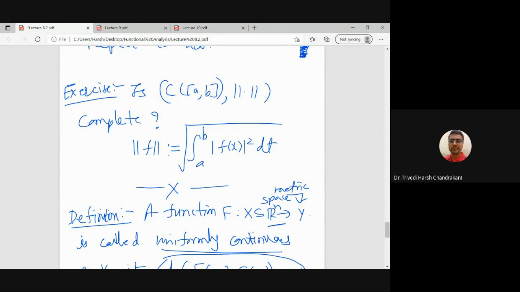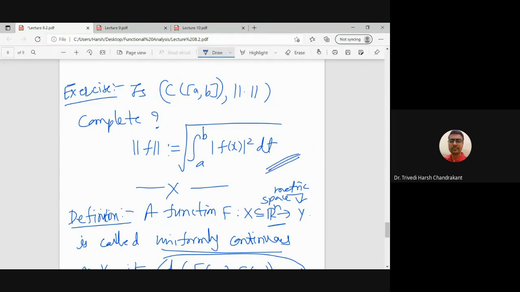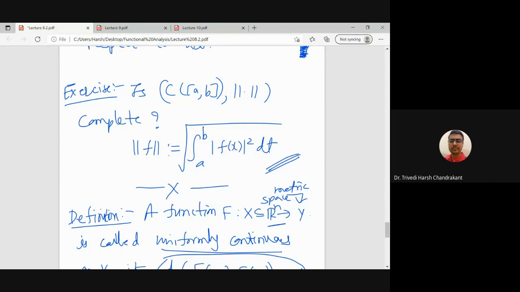Now you try whether this is complete. We already verified this is a norm, but consider it with respect to this norm or the corresponding metric. So what is the corresponding metric here?